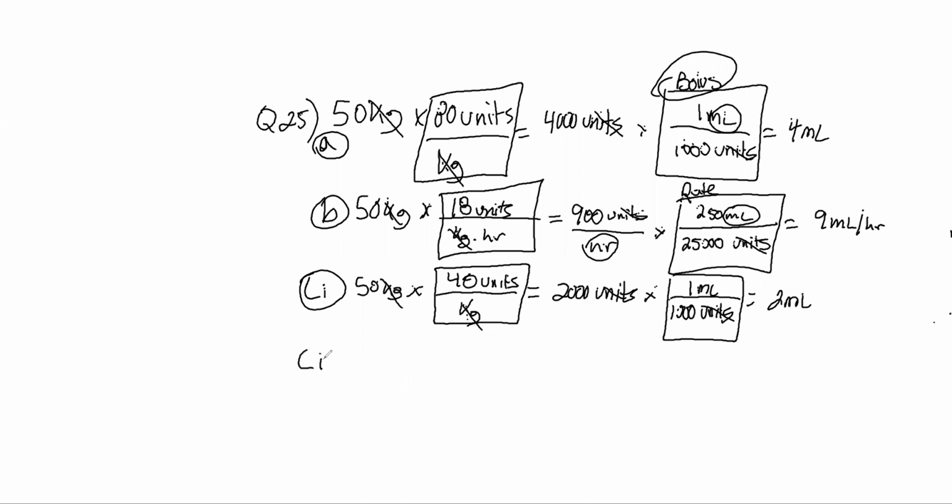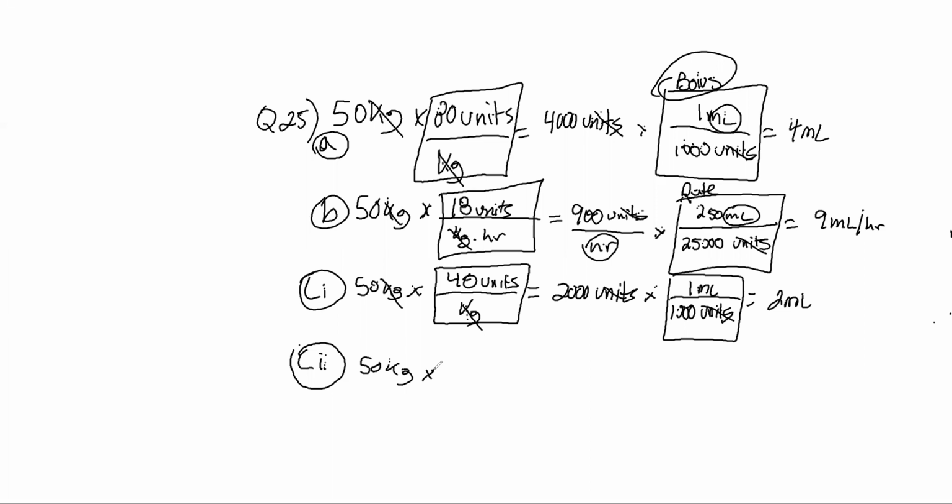Now for C2, again, a 50 kilogram patient. This one requires a little bit of thinking. Our original drip rate was what? 18 units per kilogram per hour, right? Now it told me to increase by 2 units per kilogram per hour.